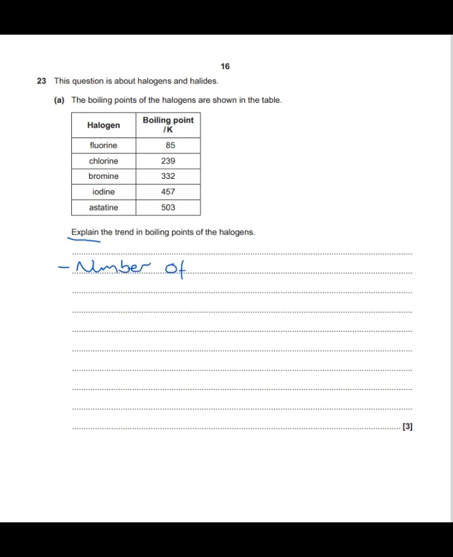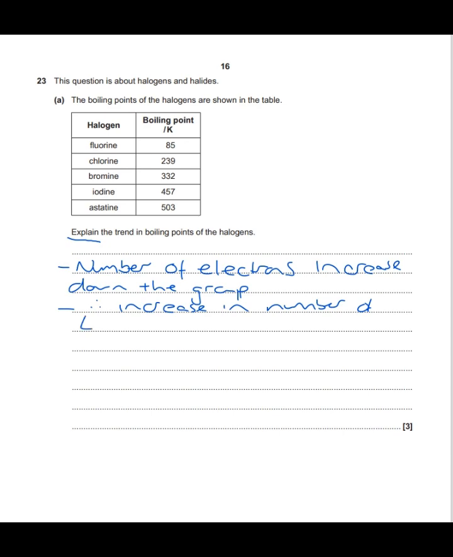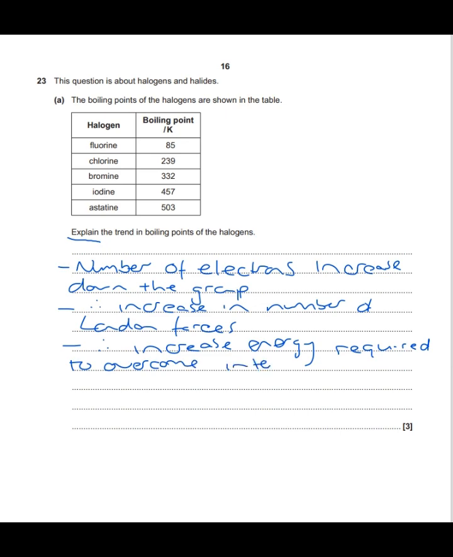the intermolecular forces. So the number of electrons increase down the group, therefore an increase in number of London forces, therefore increase energy required to overcome intermolecular forces.